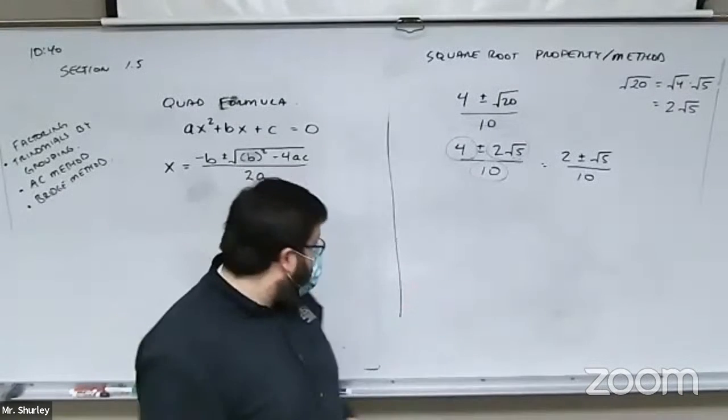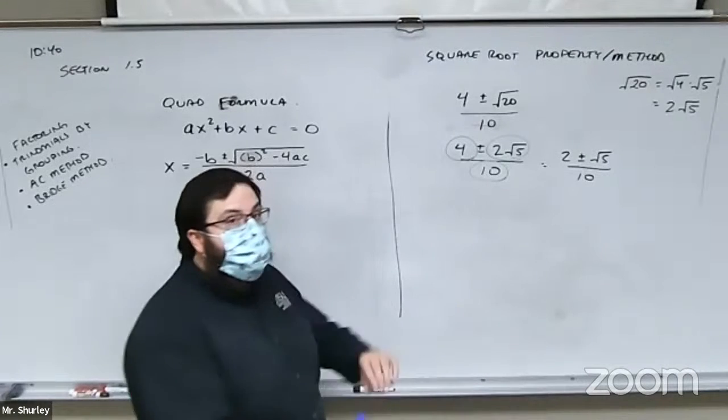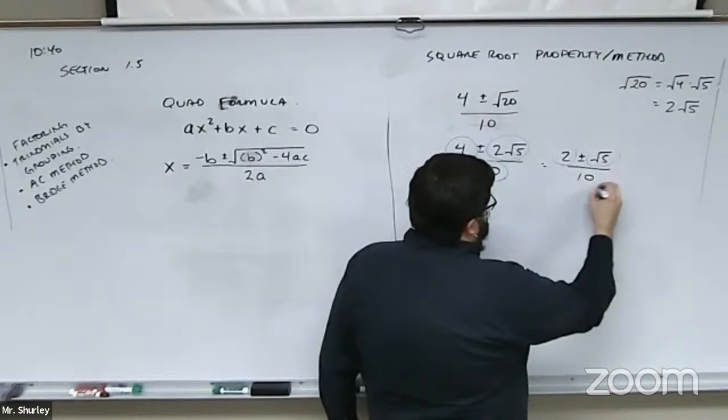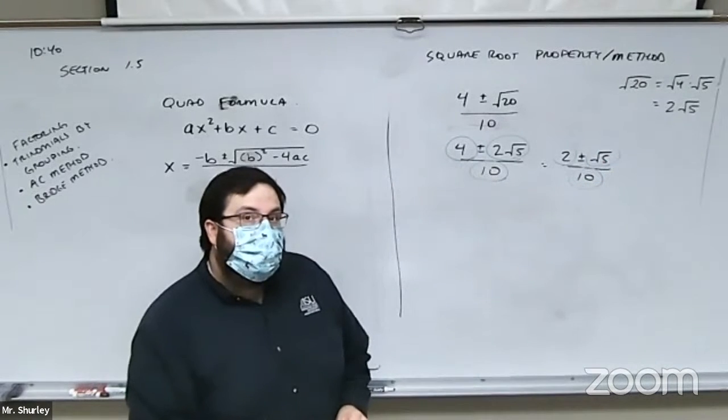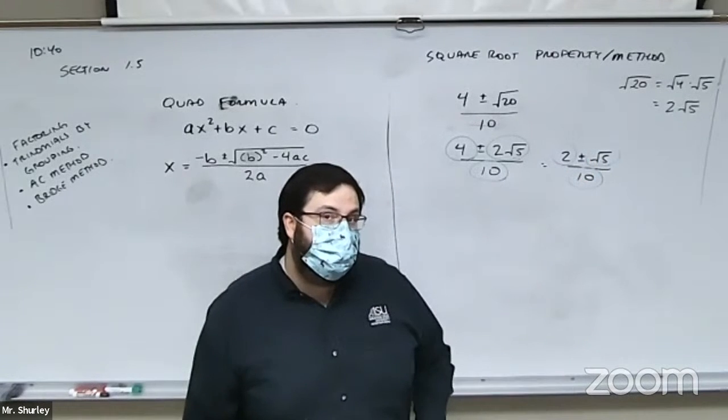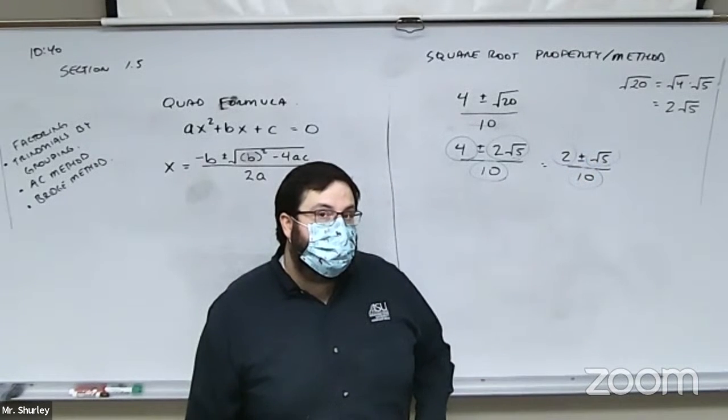Can I ask you why you still have the 10? Wouldn't the 2 go into the 10? Oh, that's a great question. Remember, we have 3 parts, and there's nothing that divides into all 3 of those parts. Do you see that? Yes.